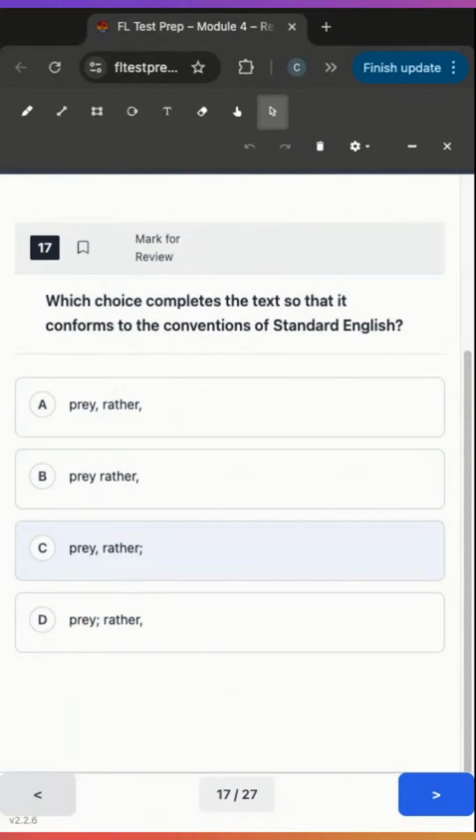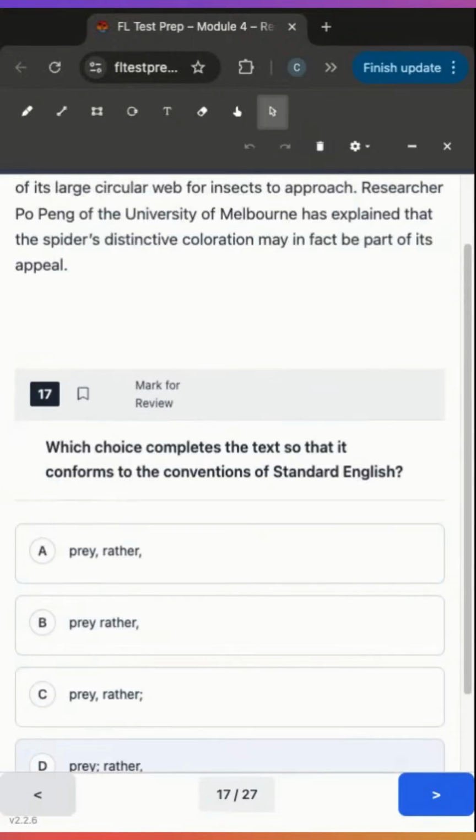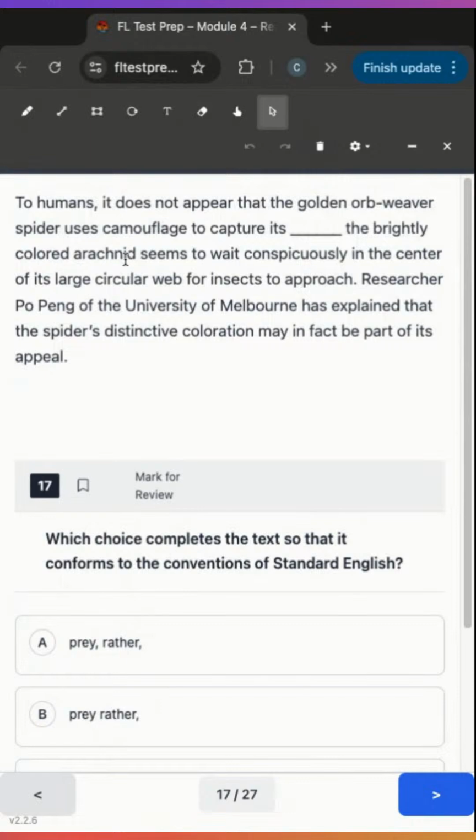That means the first sentence disagrees with the sentence directly before it. If D were the correct answer, that means the second clause disagrees with the one right before it, because rather occurs after the semicolon. So let's take a look. To humans, it does not appear that the golden orb weaver spider uses camouflage to capture its prey. The brightly colored arachnid seems to wait conspicuously at the center of its large web for insects to approach.